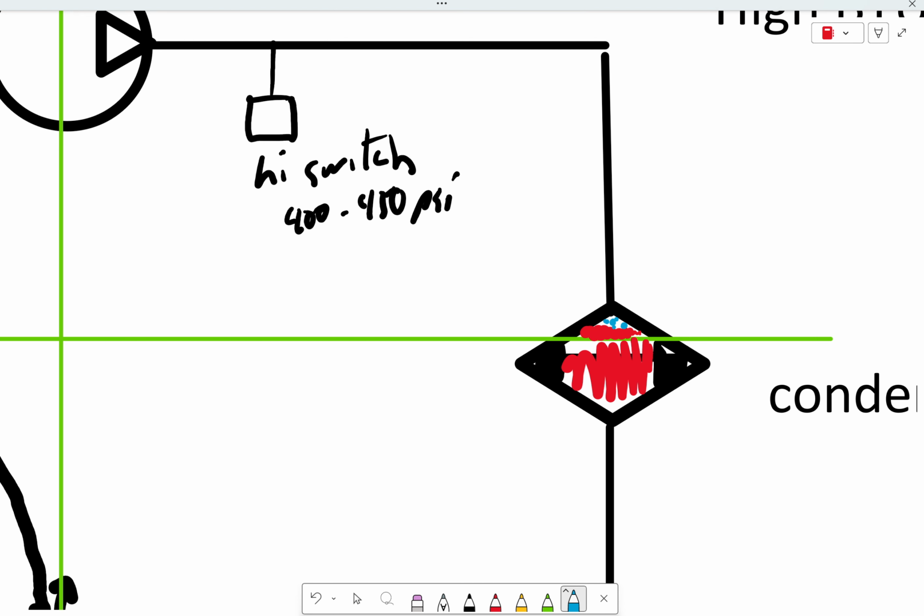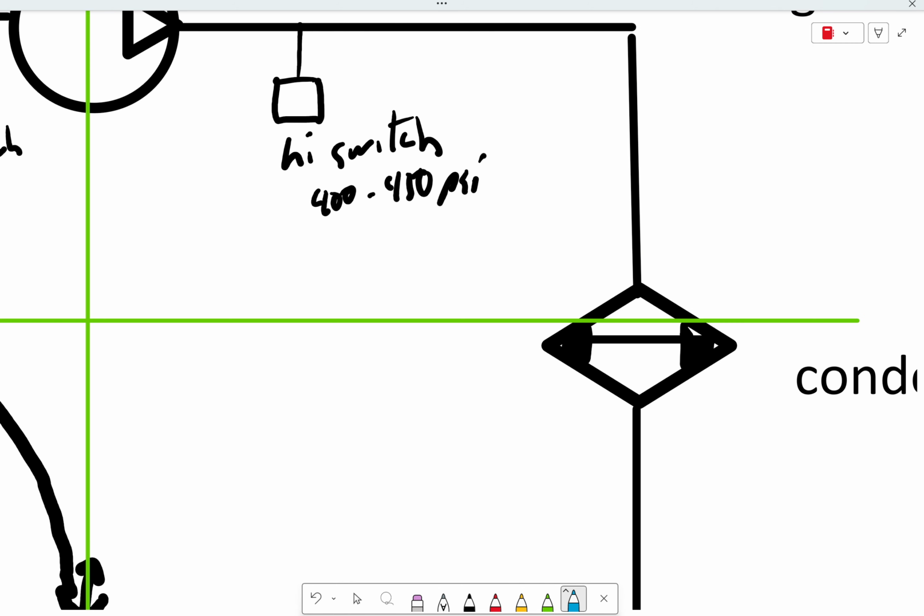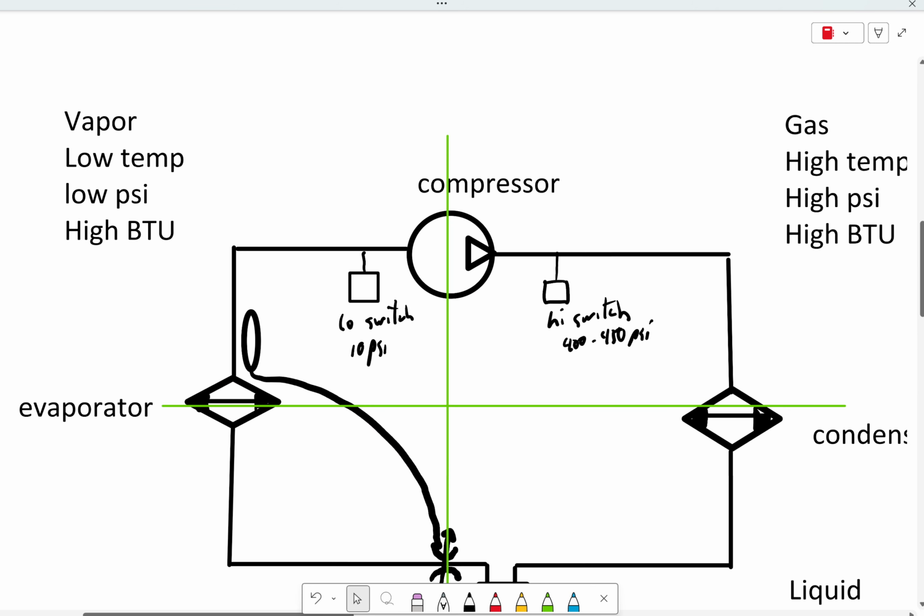If there's a statement you're going to remember, I would say high side pressure is dictated by heat load. That's something you should remember. Okay? When I say heat load, I'm talking about the BTUs in the system.